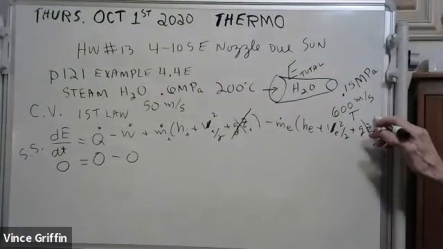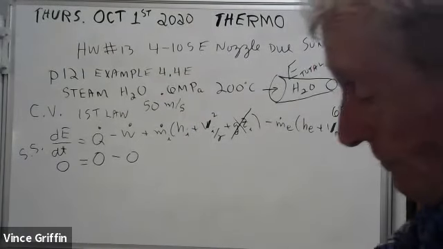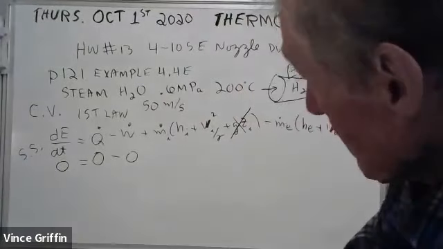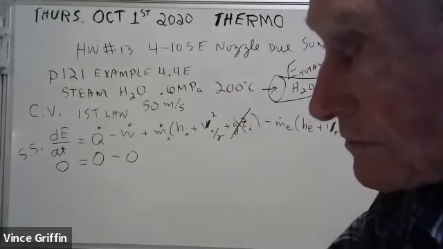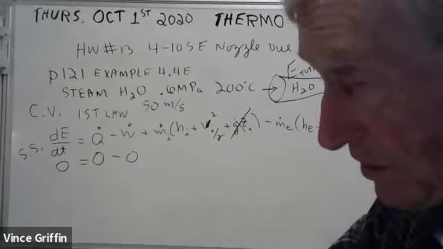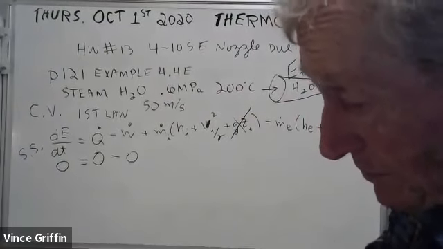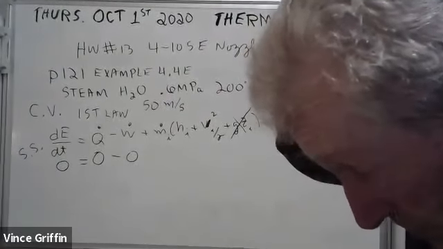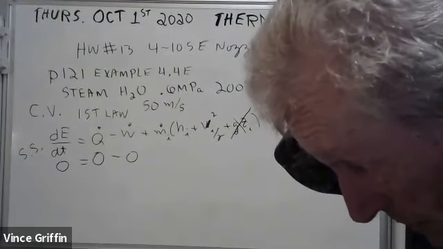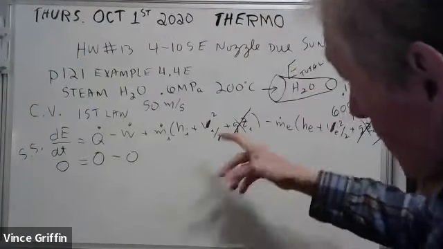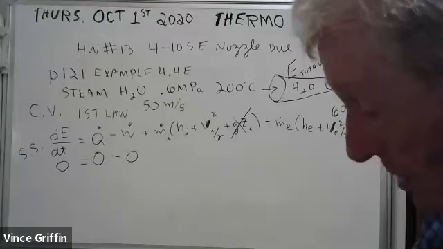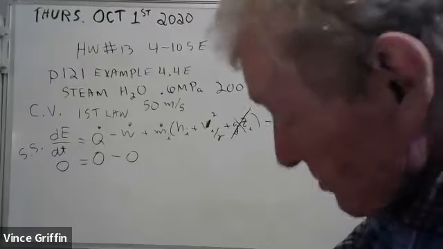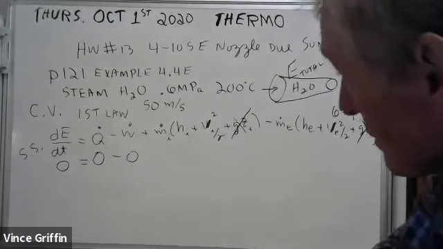You can throw out the exiting specific gravitational potential energy because it hasn't changed its altitude. Whatever the altitude is of the incoming steam, it's the same. So there's no change in gravitational potential energy.